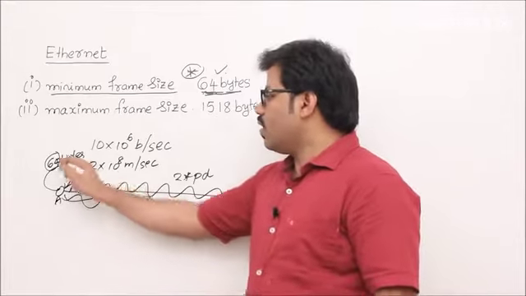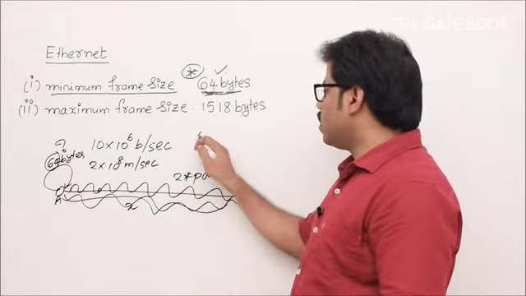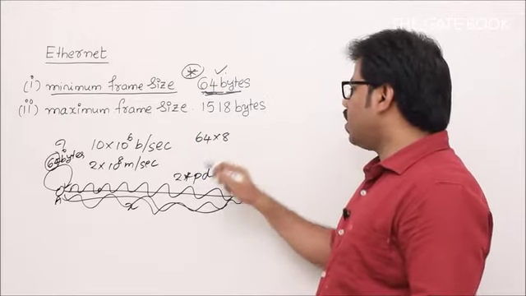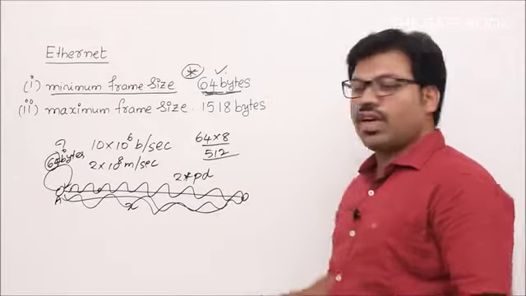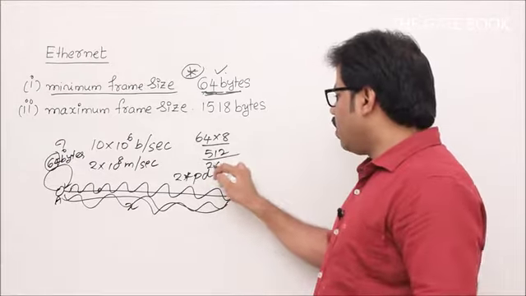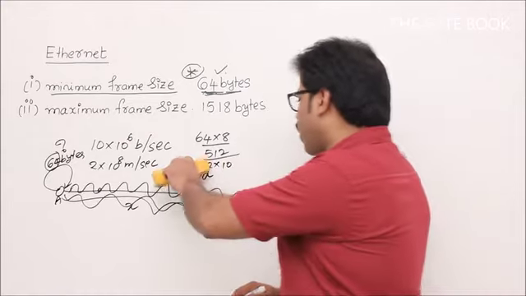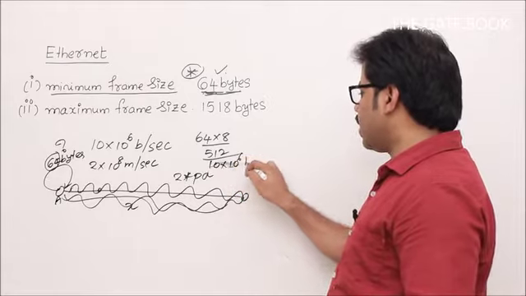So we will see what is the transmission time of 64 bytes. 64 bytes means 8 bits each, correct? So overall 512 bits. What is the transmission time of 512 bits? Many times we have seen it: frame size by bandwidth. If you calculate, frame size by bandwidth, 10 into 10 power 6 bits per second, correct?